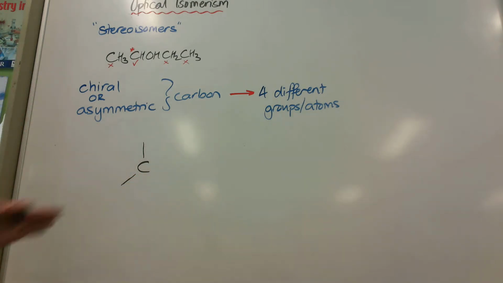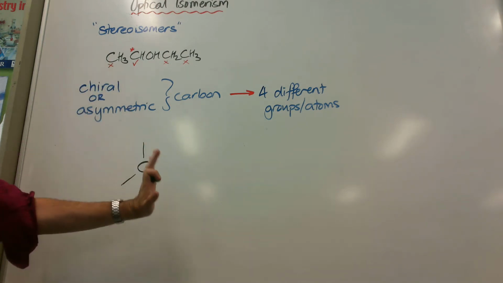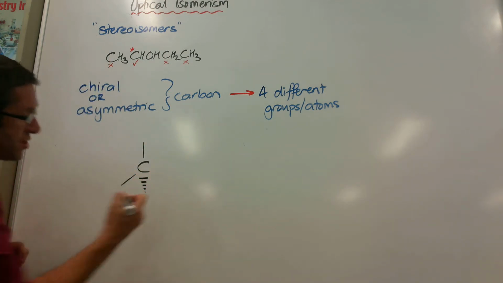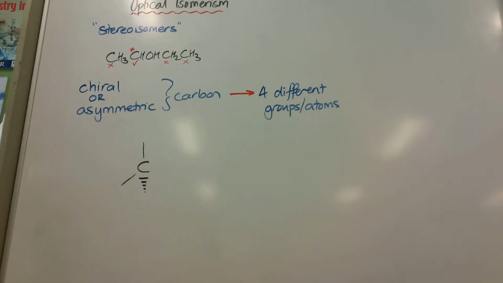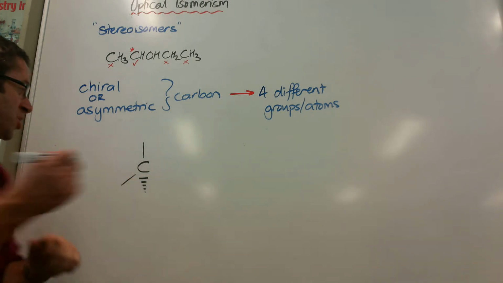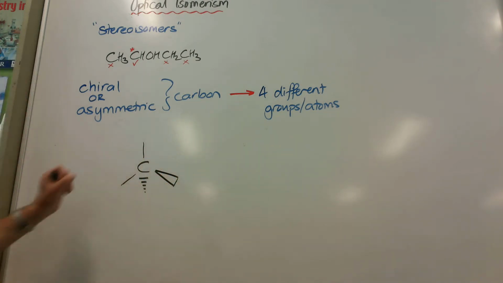Then what we do is we have one that's going directly behind into the board. And we show that with a series of dashed lines getting smaller and smaller down to a point. Then we have another one that sticks out about here. So I show that with a triangle. So it sort of appears to be coming out of the board at me.